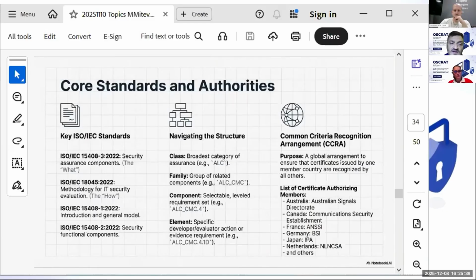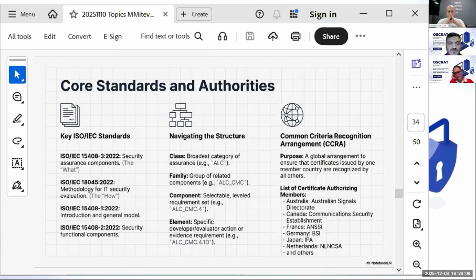The CCRA allows certificates from one member country to be recognized by others, which supports international trust. Understanding the structure of classes, families, components, and elements helps professionals use the standards correctly. The list of authorizing members shows that many national security agencies participate in this system.